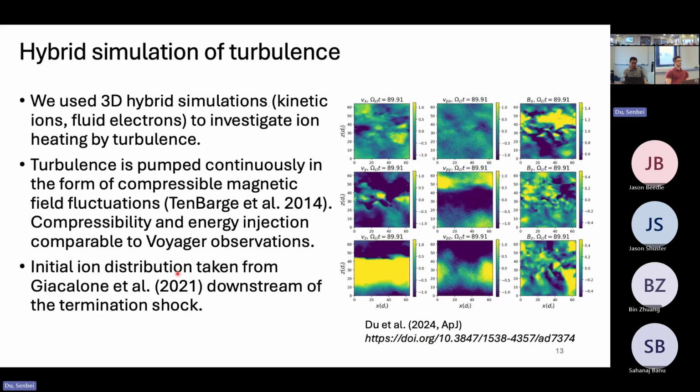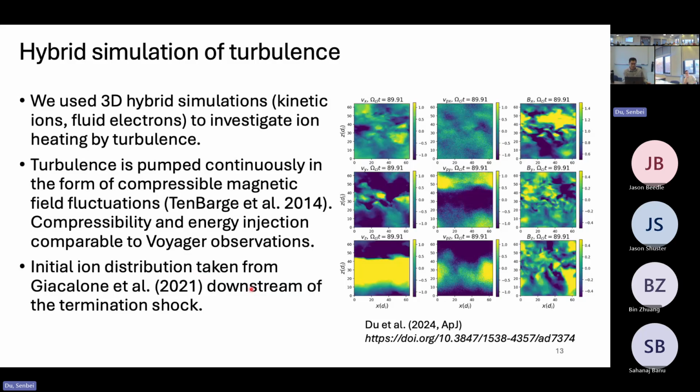We inject turbulence continuously in the simulation, and we try to match the energy and the compressibility with the Voyager data. We use the initial distribution from a previous simulation for the termination shock.